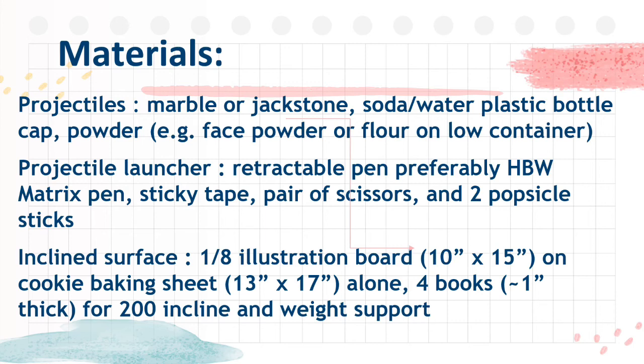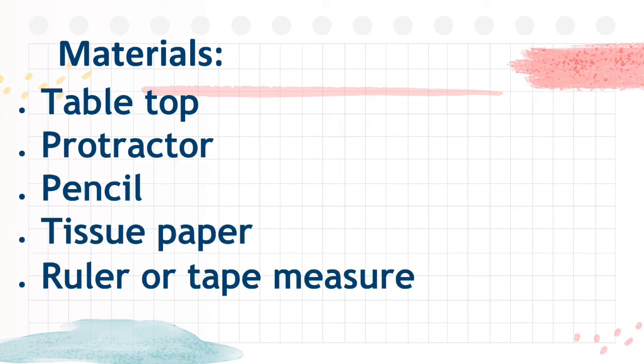For the inclined surface, we need a 1/8 illustration board 10 by 15, a cooking baking sheet 13 by 17, and 4 books 1 inch thick for a 20 degree incline and weight support. We also need a tabletop, protractor, pencil, tissue paper, and a ruler or tape measure.